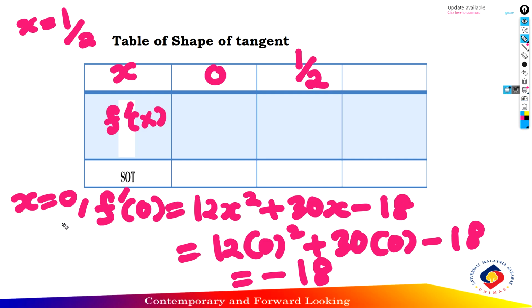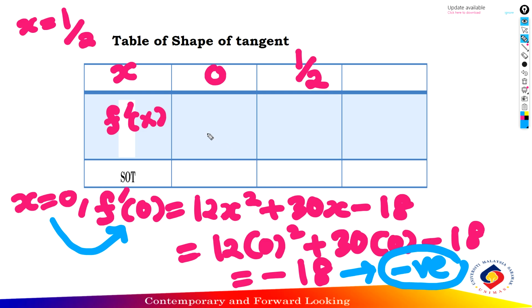You substitute the 0 into the first derivative, 12x squared plus 30x minus 18, and the first derivative equals negative 18. So the sign of the first derivative is negative, you pick the negative sign. So when x equals 0, the sign of the first derivative is negative. So here you put the negative sign.